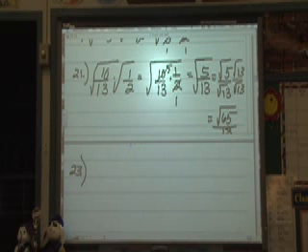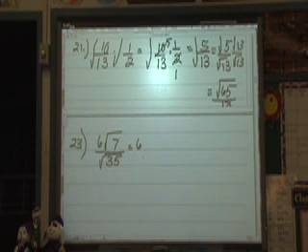Okay, 23. We have 6 radical 7 over radical 35. How are you going to handle this one, Patrick? It would be 6, and then the radical 7 over 35.